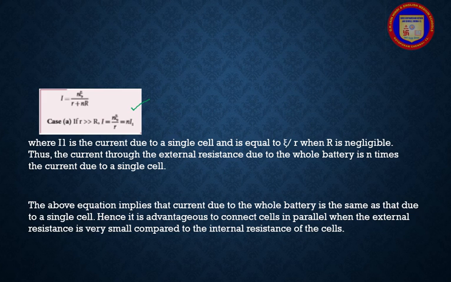Case B. If the internal resistance r is very much less than R, then I = ε/R. The above equation implies that the current due to the whole battery is the same as that due to a single cell. Hence, it is advantageous to connect cells in parallel when the external resistance is very small compared to the internal resistance of the cells.